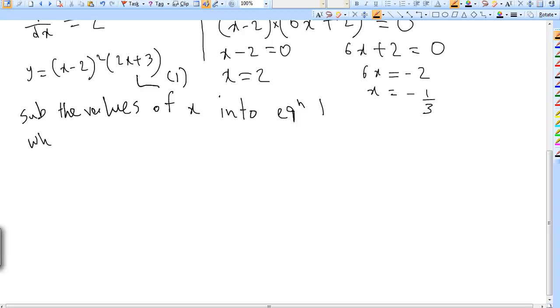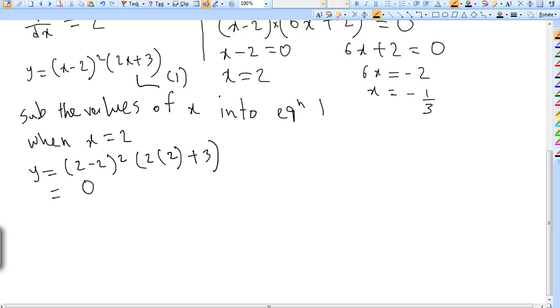So when x equals 2, y equals 2 minus 2 whole square, 2 times 2 plus 3. So we will get 0 multiplied by 4 plus 3, 7. So which will be 0. So the value of y is 0 when x equals 2.